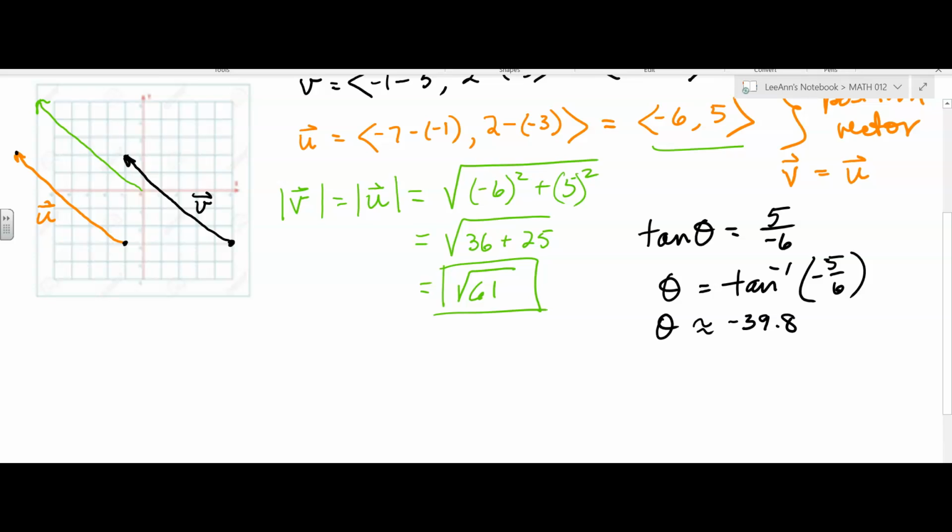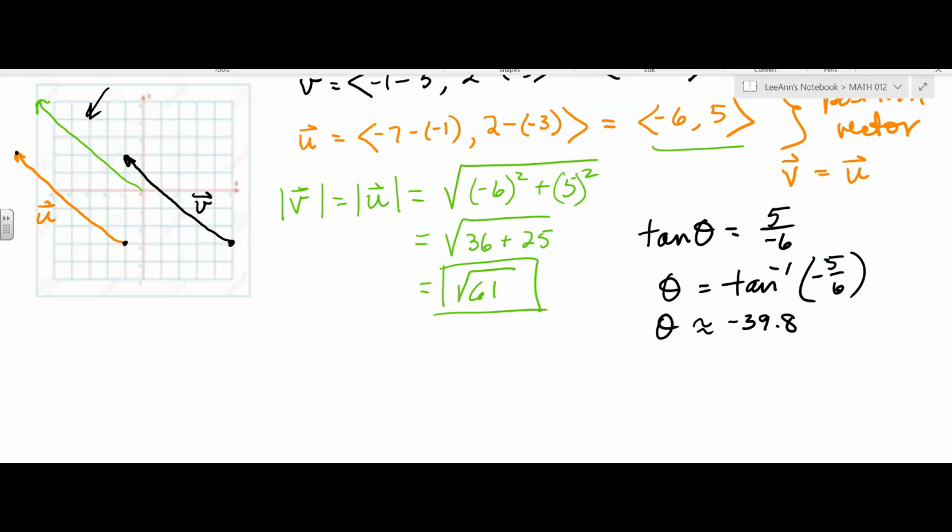But we're going to go ahead and add to that. We know our position vector right here is in quadrant 2, right? So we can take and add that to pi. Oh, it didn't add right. Let me try again. That was an operator error with the calculator. But you don't want to add pi, you want to add 180 degrees.